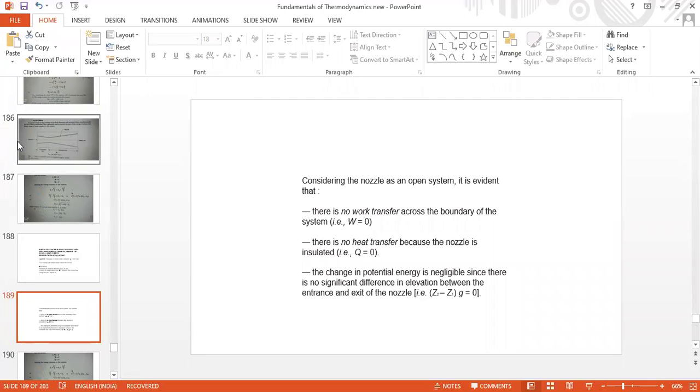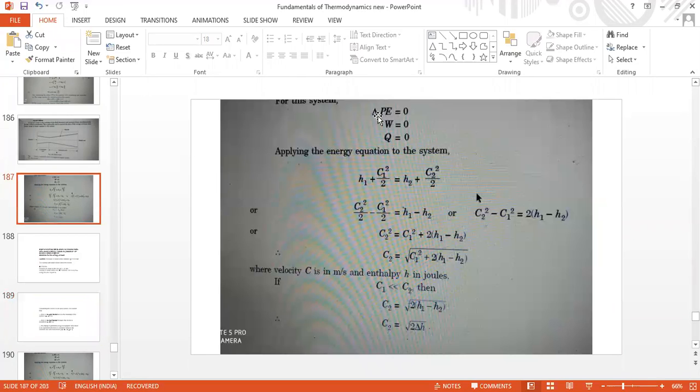The pressure as well as flow energy is considered as enthalpy here. Potential energy is 0. Of course, there is no work interaction. As somebody said, Q is 0, that is an adiabatic system. No work interaction, because a steam nozzle does not give any work, nor does it require any work.